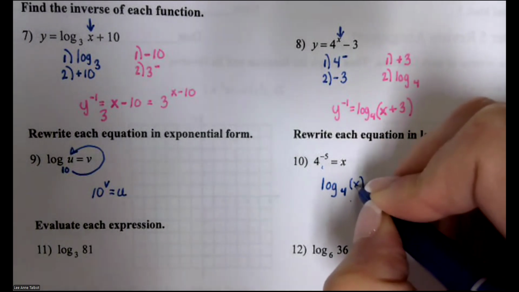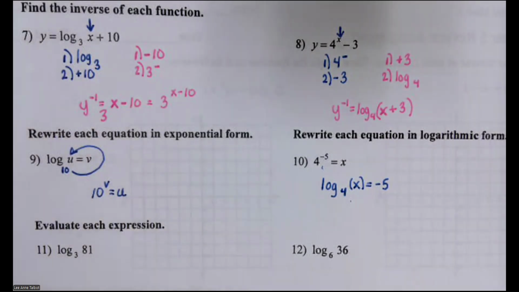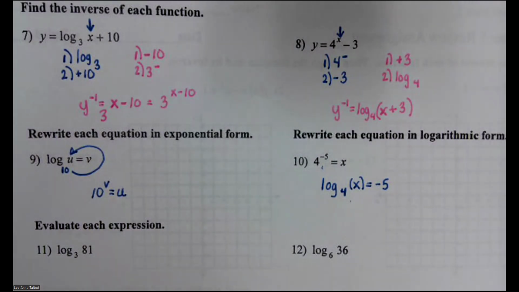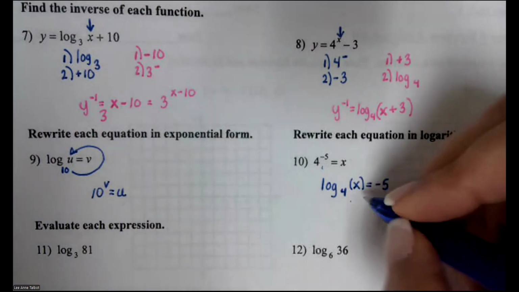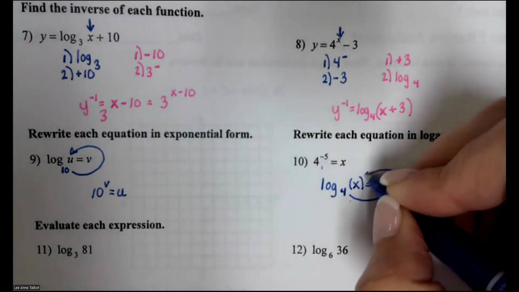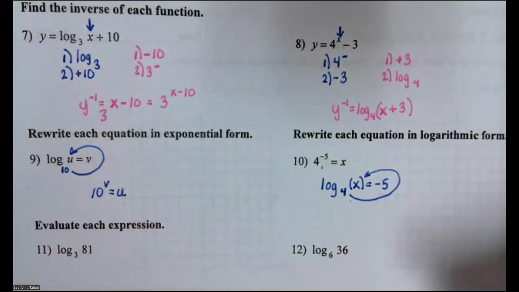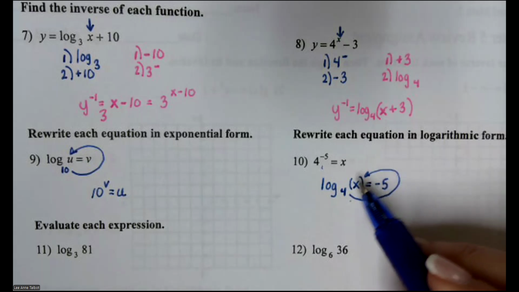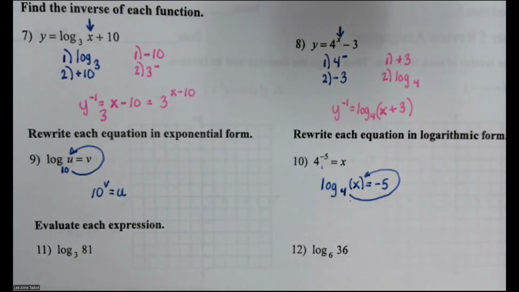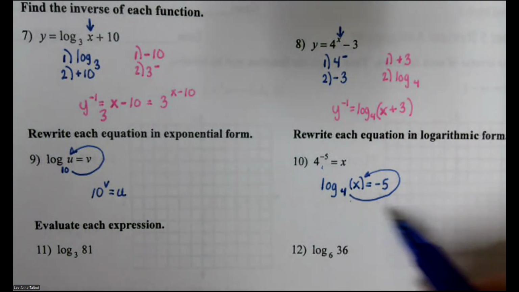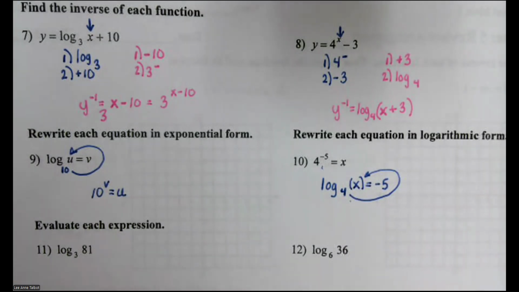And then whatever it equals is in parentheses right there. If you don't like that, you can just play with it until you get your answer to look like that. So 4 to the negative 5 equals x. You see what I mean? So you should be able to plug your answer back into the question and check to make sure you did it correctly.